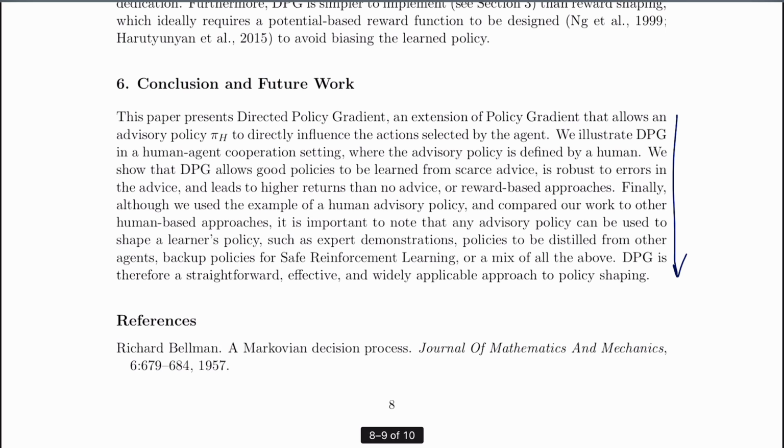Finally, my last concern about this paper was, here in the conclusion they say, we show that DPG allows good policies to be learned from scarce advice. I'm not sure if it's scarce advice, because they have ultimately assumed the whole policy to be given to the agent by the human, which is a big function to give, right?